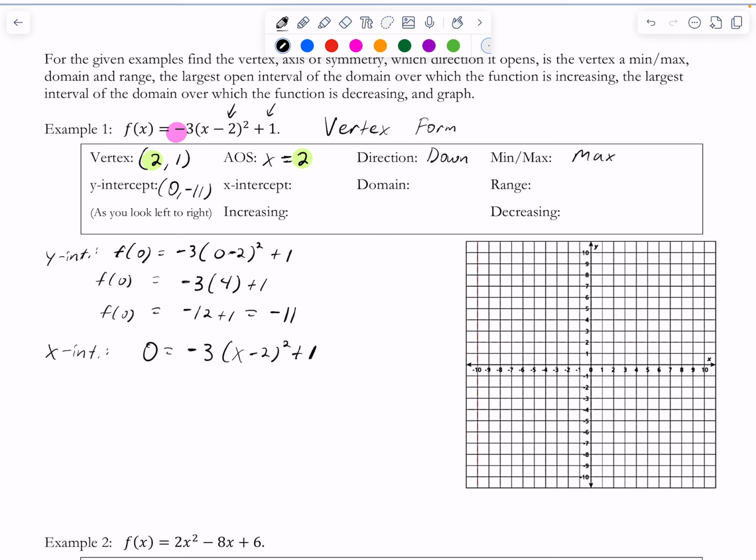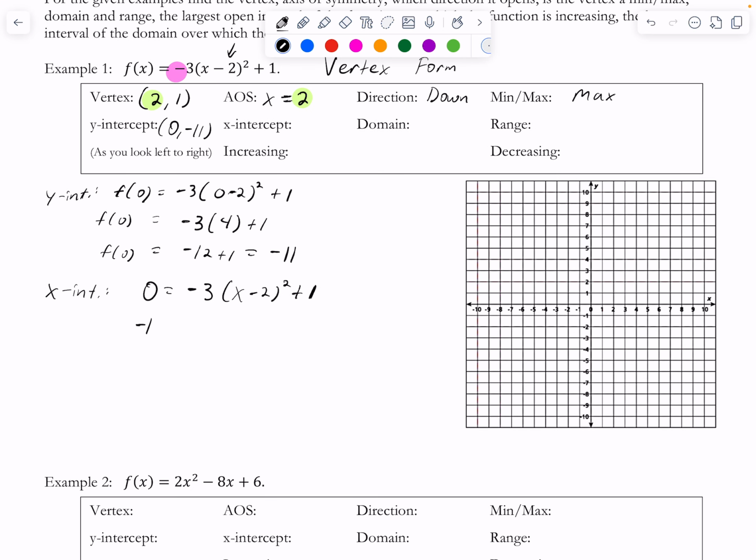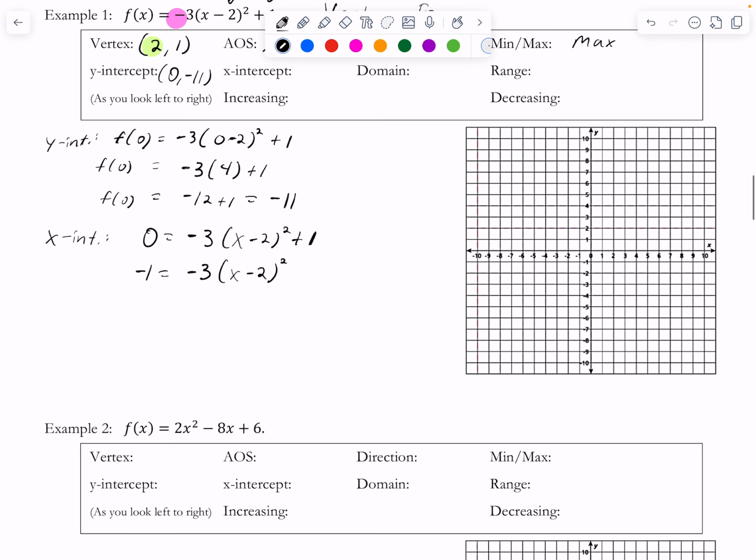Now, you may not recognize this, but this is essentially how we solved using the square root method in one of our lessons on solving quadratics. So I'm going to move that 1 over to become -1. Then I'm going to divide both sides by that -3, which will be 1/3 equals x minus 2 squared.